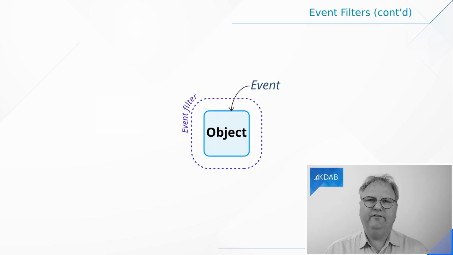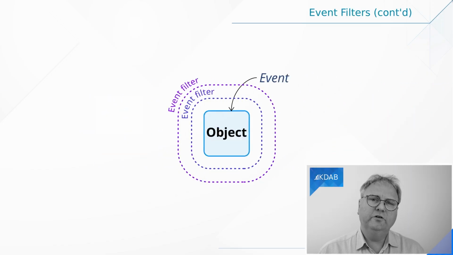And if I install an event filter on this object, then all the events, mouse press, mouse release, mouse move, key press, key release, scroll event, and the several hundred other events that you saw in the episode way back when we talked about events will all be going through the event filter before it goes to the object.